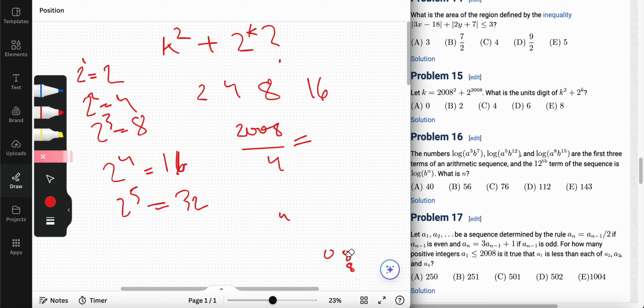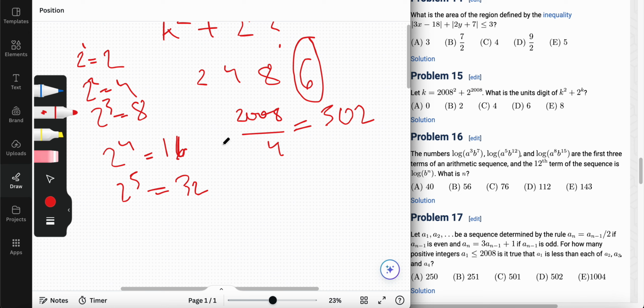That means that it divides evenly. Sorry, this should be 6, not 16, because we're talking about unit digits here, right? So it divides evenly. That means that the unit digit of 2 to the 2008 is 6, which is the same as 2 to the 4th. We can simplify 2 to the 2008 as 2 to the 4th.